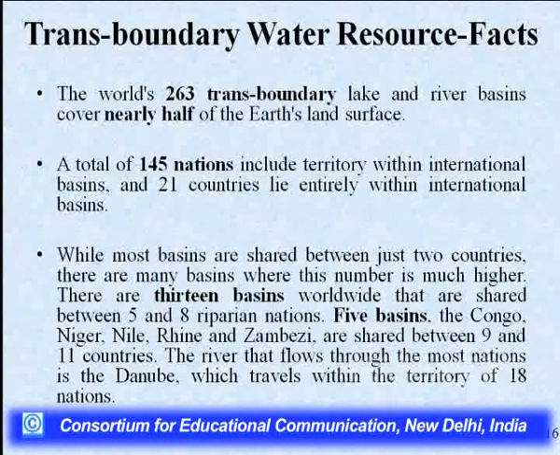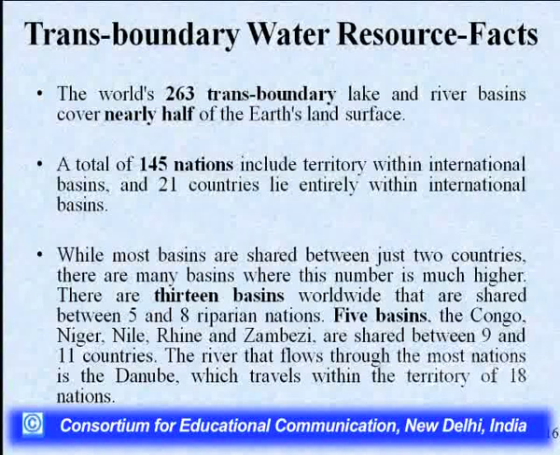A river is generally shared between two countries. Some rivers are shared between around 5 to 8 countries. There are 13 basins which are shared between 5 to 8 nations.